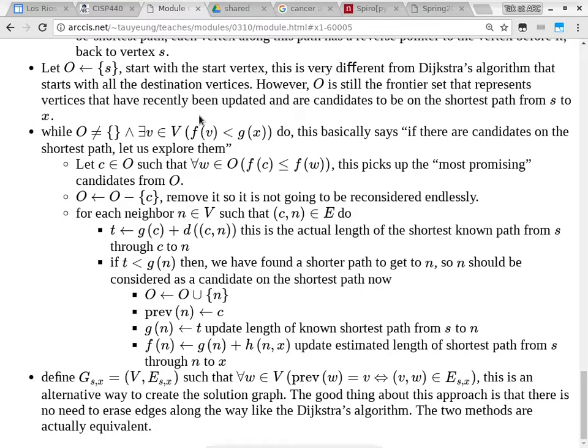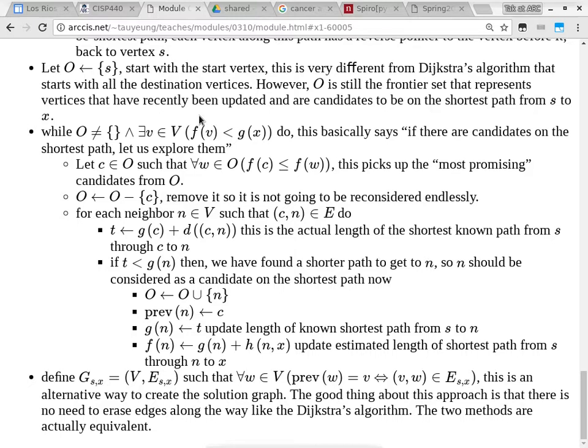I should be able to stop now, because if I change this V to big O, then we are done. Because between E and X, F of E is not less than G of X anymore, and F of X itself cannot be less than G of X either. So we're basically done.